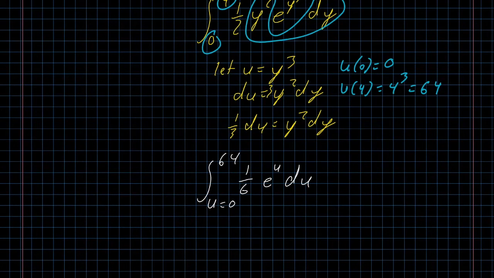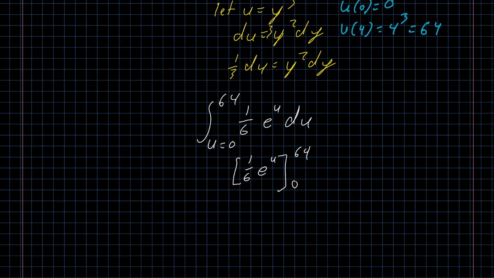And I know that that just gives me e to the u. So I get 1/6 e to the 64 power minus 1/6 e to the 0 power, which is 1. So just 1/6 e to the 64 minus 1/6. And that's it.